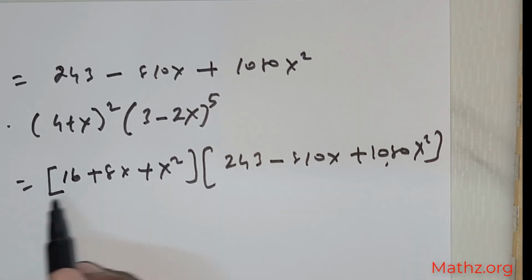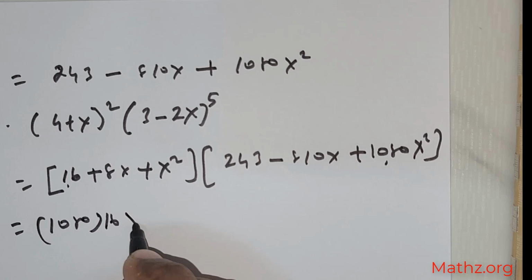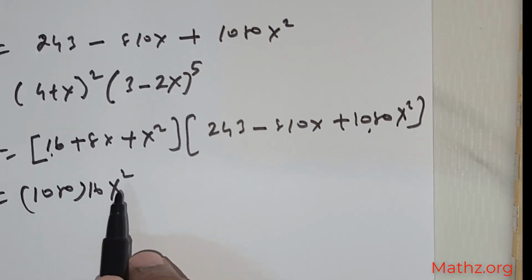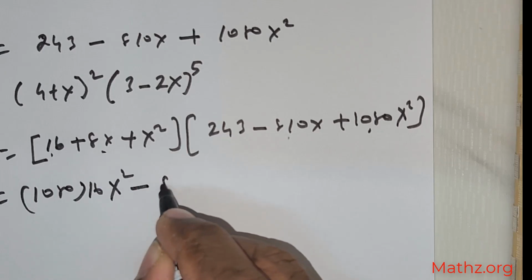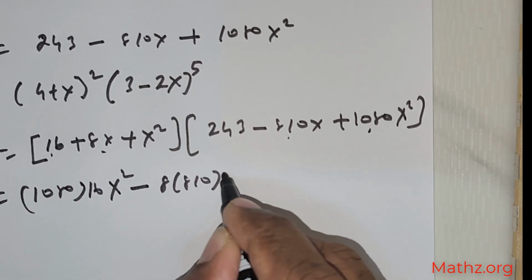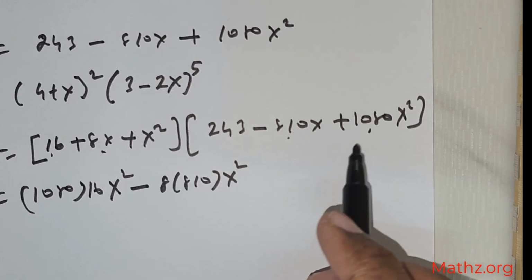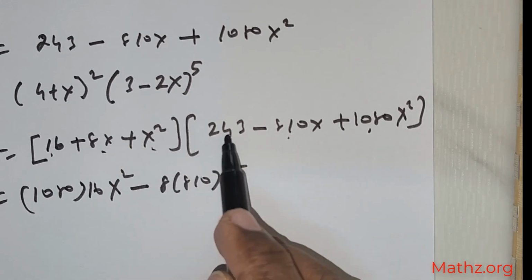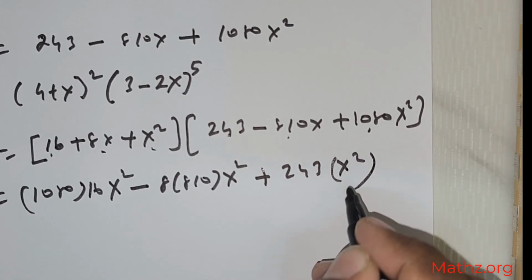Now this multiplied with this, 1080 multiplied with 16 will give me an x squared term, and then this multiplied with this, negative 8 times 810, will also give me an x squared term, and this multiplied with this, 243 times x squared.